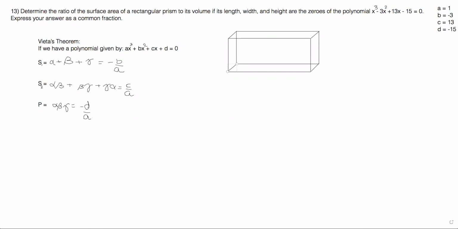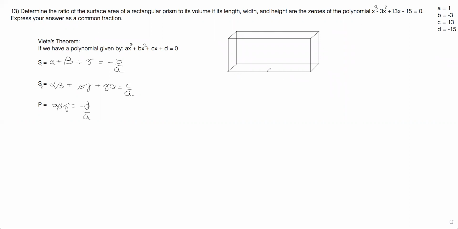So this is our rectangular prism, and let's see if we can generate expressions for the volume and for the surface area, because we need both of those in order to find the ratio. Because Vieta's theorem uses three Greek letters, and this figure has three clear dimensions, I think it only makes sense to label them using Greek letters.